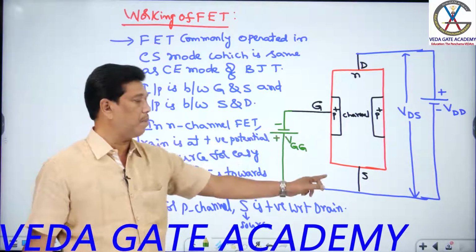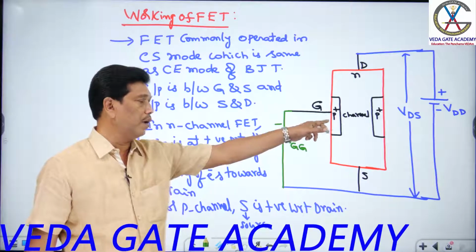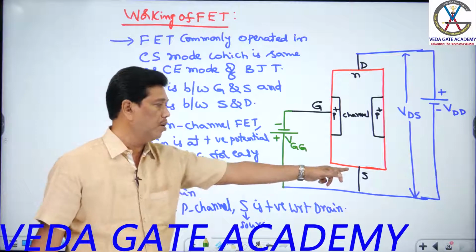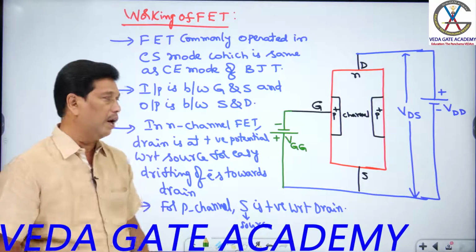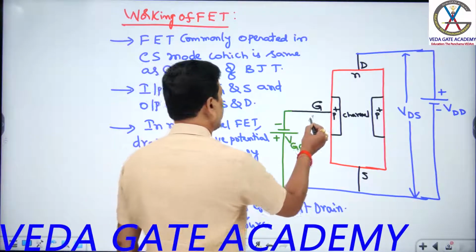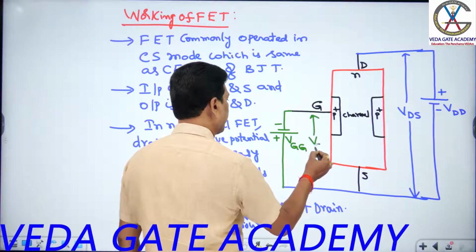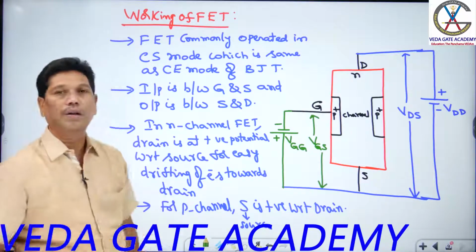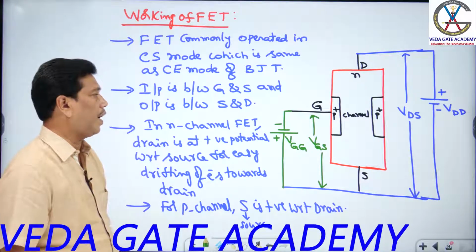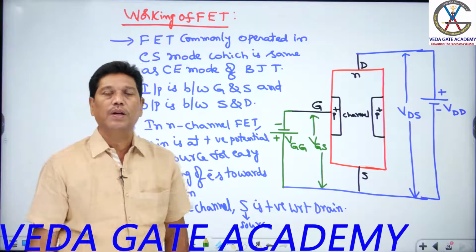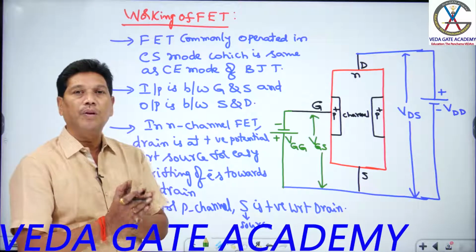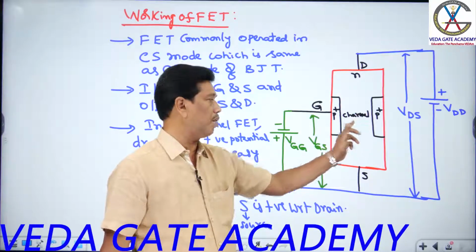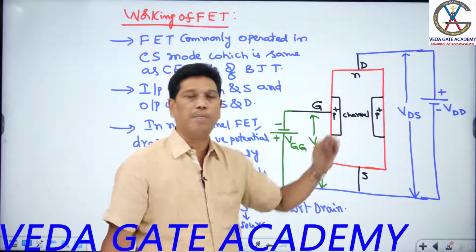So FET operates in depletion only mode, keeping reverse bias gate voltage: gate P type with negative potential, source N type with positive potential, and the corresponding terminal voltage is called VGS, gate to source voltage, students. Confirm now. First of all, what I can discuss, students, is what the effect on the channel is by this gate supply and drain supply.